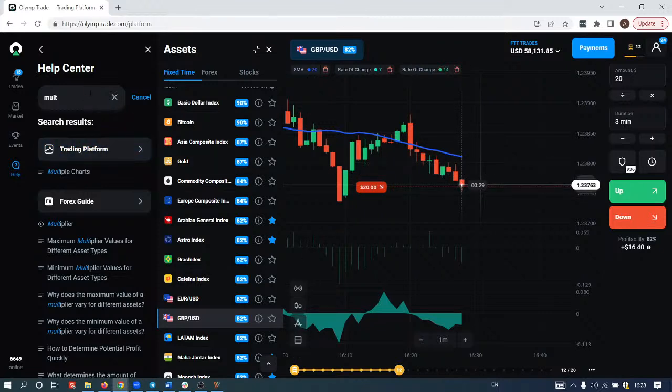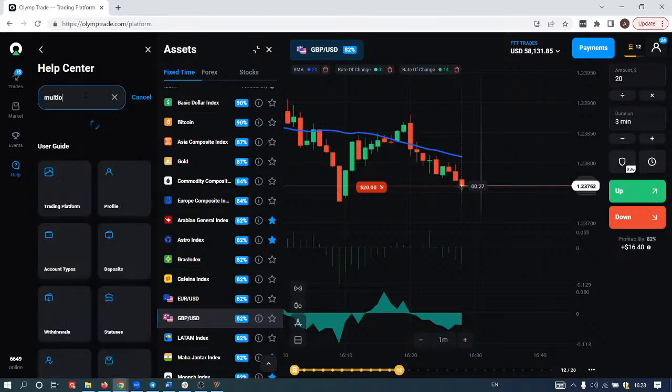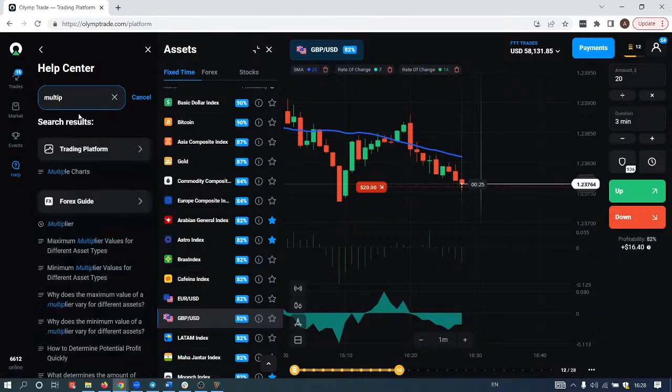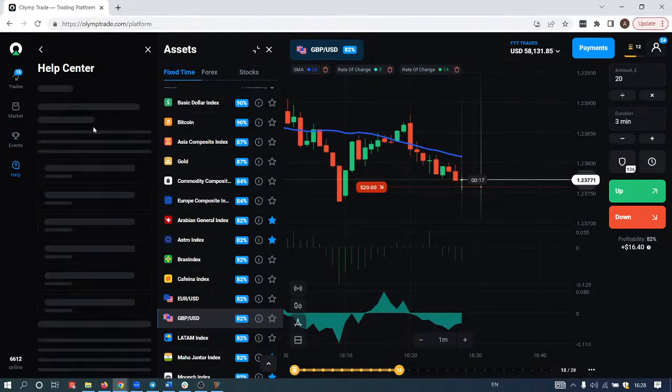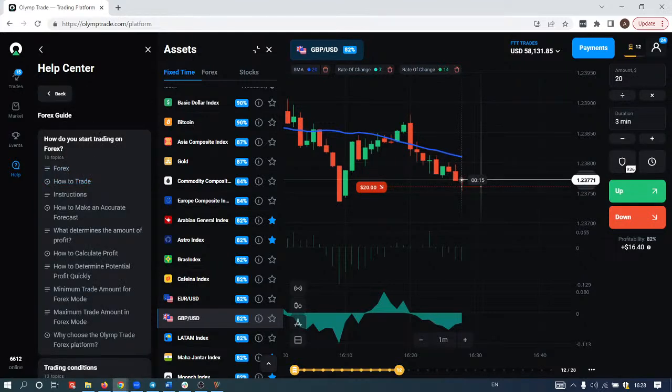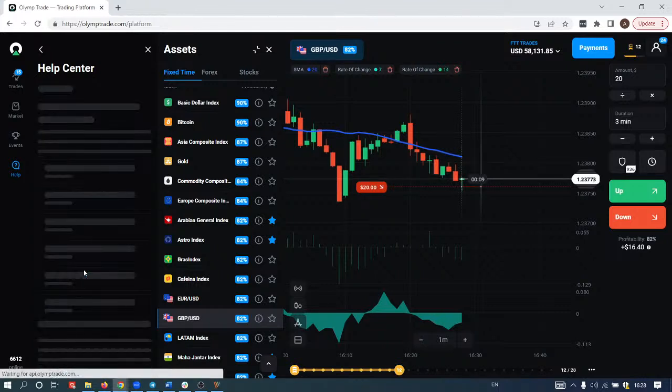So, guys, multiplier, right? We can get information on how everything works. Maximum multiplier values for different assets, forex guide. All right, let's see what our platform has to tell. What determines the amount of profit? How to determine potential profit?